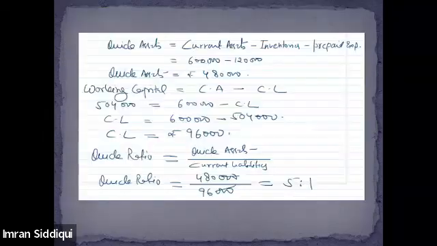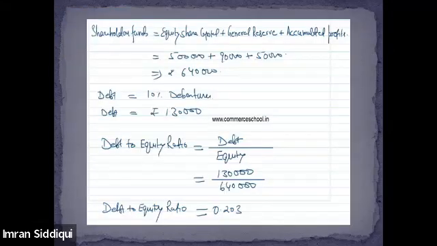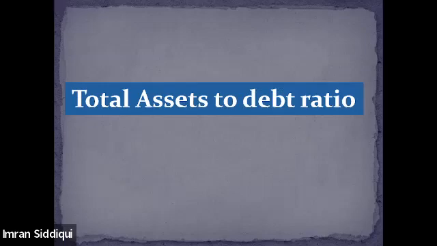We already understood up to debt to equity ratio, right? So in today's class, we'll be talking about the next variety of ratio, which is the total asset to debt ratio. We think we have already written the formula for this.